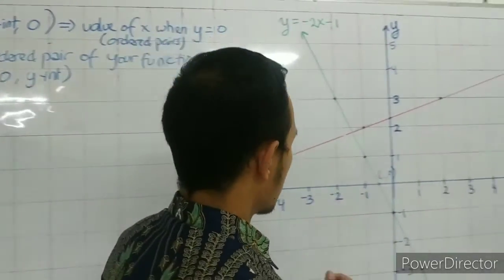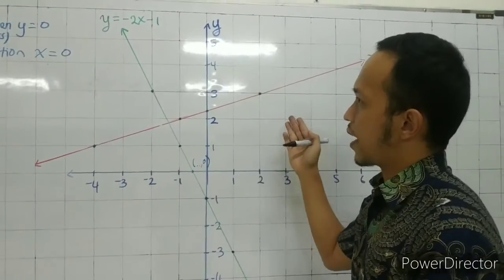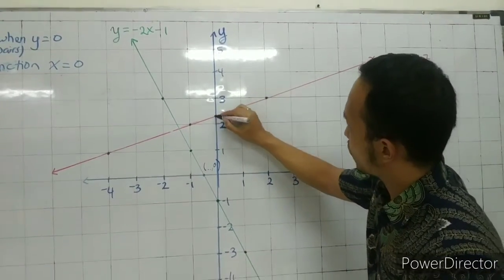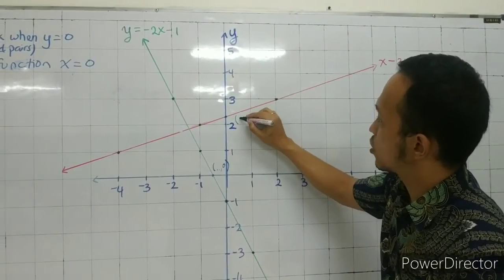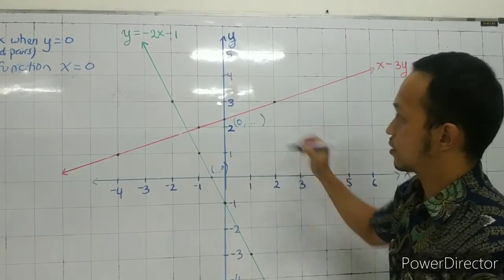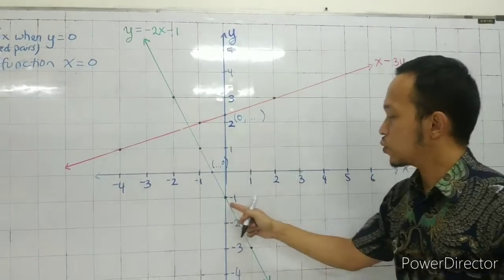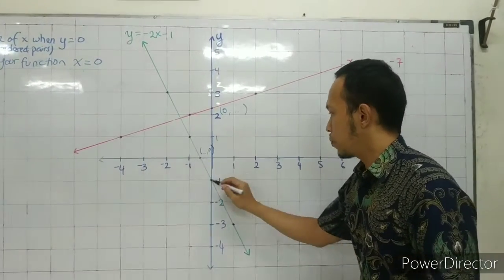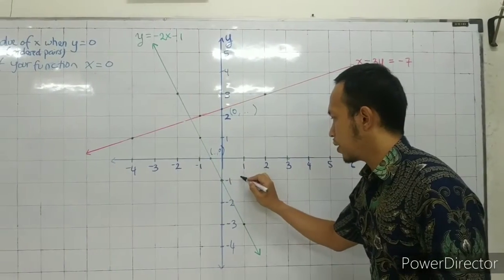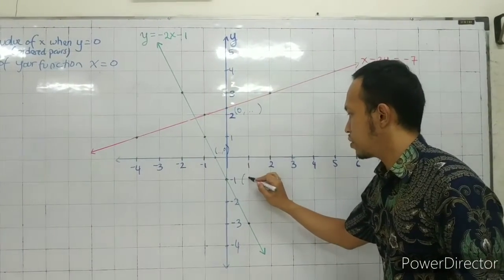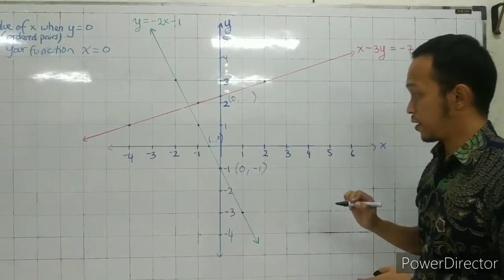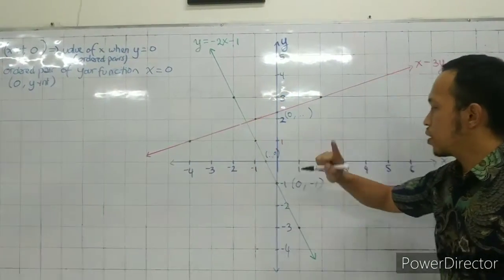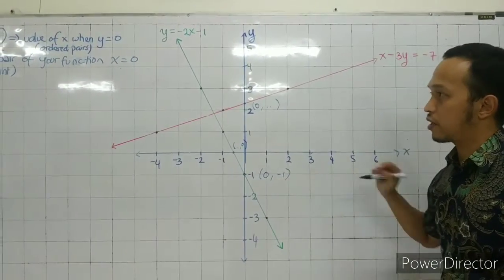In this example, the y-intercept of the red line is around here, and you know that its coordinates will be 0, comma, something, but we don't know. But for the green one, it's obvious. The y-intercept is at this point, so the ordered pair will be 0, comma, negative 1. So the green line, or this equation, has y-intercept 0, comma, negative 1.